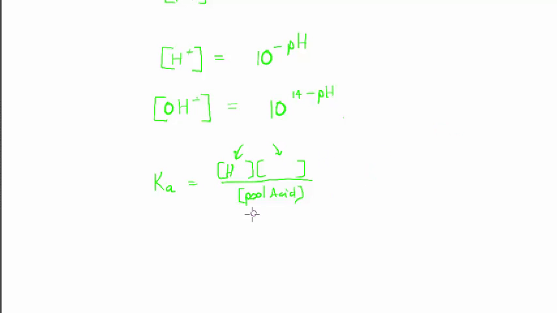But what you are doing is decreasing the pool acid concentration, because you're increasing the volume. So if the concentration of pool acid is the moles of pool acid divided by volume, when you add water to it, you're increasing volume. So you are definitely changing this, and that affects your pH, definitely.